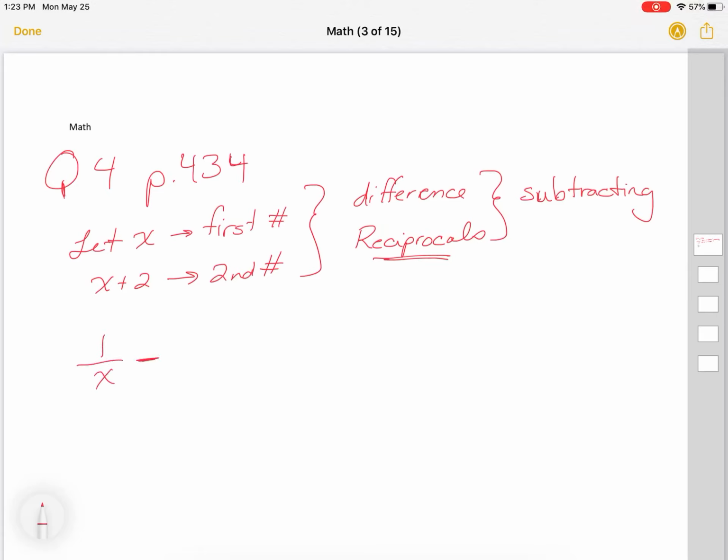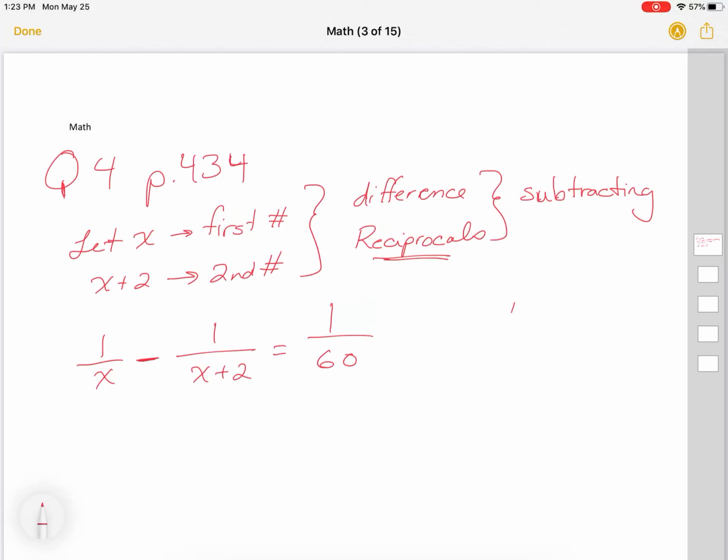And we're going to subtract the reciprocal of x plus 2, which is 1 over x plus 2. So these terms are our reciprocals, 1 over x and 1 over x plus 2. And it says the difference, this is the question in the textbook, is 1 over 60. Now we're going to simply solve for x.